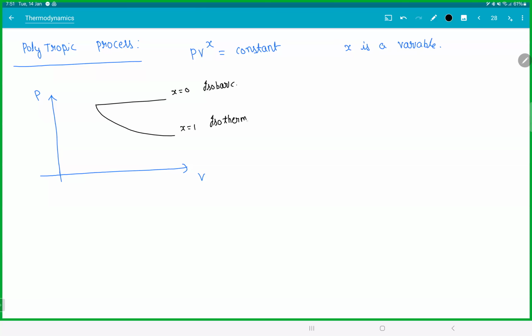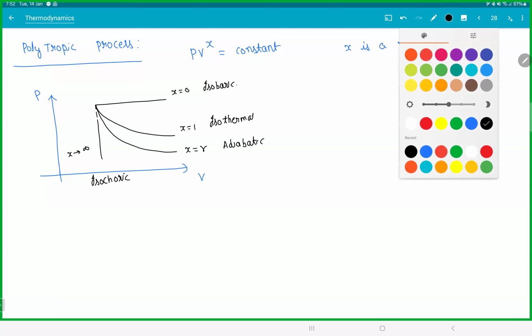If I put x equal to gamma, we get the adiabatic process. You're getting what is happening? If I put x tends to infinity, we get isochoric. There. So by putting different values of x, you can get different processes.